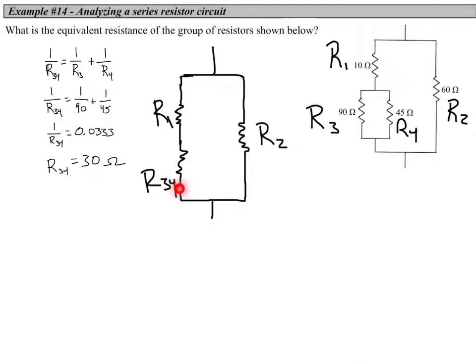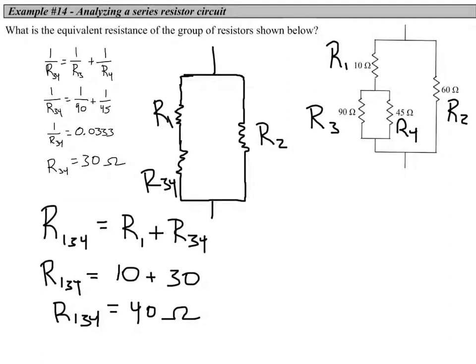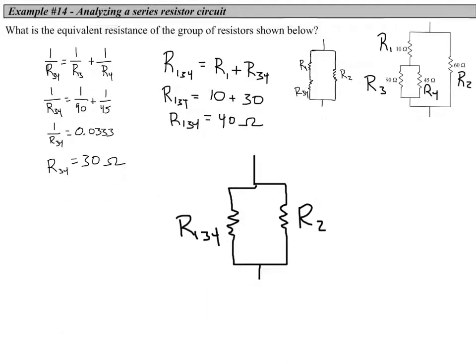So what we're going to do is apply the series rule to R1 and R34 and come up with an equivalent resistance, R134. Because they're in series with each other, we simply add their resistances and we come up with an equivalent resistance, R134, of 40 ohms. Then we're going to redraw the circuit to look like this, where we've got R134 and R2 in parallel with each other.